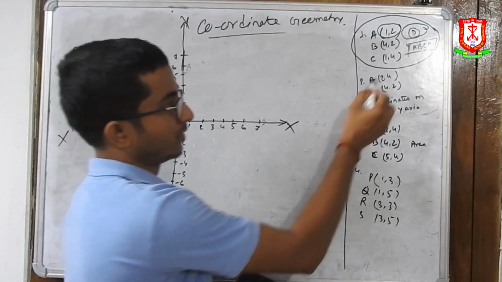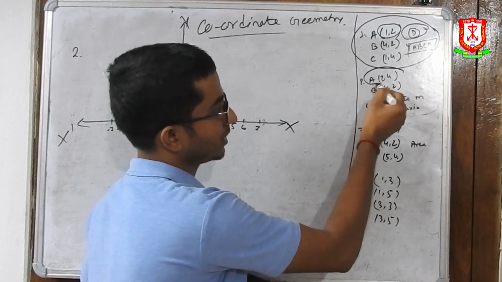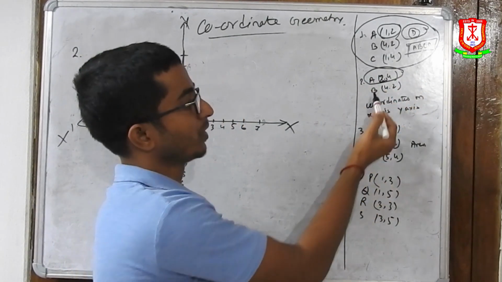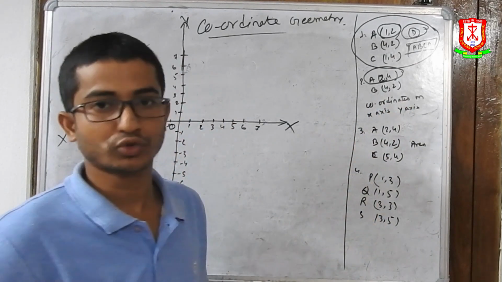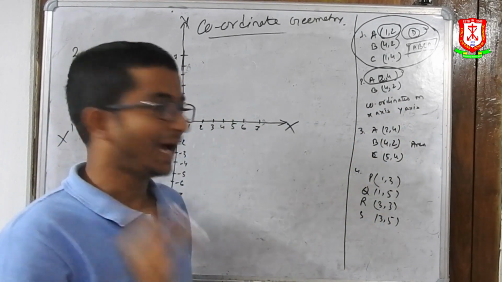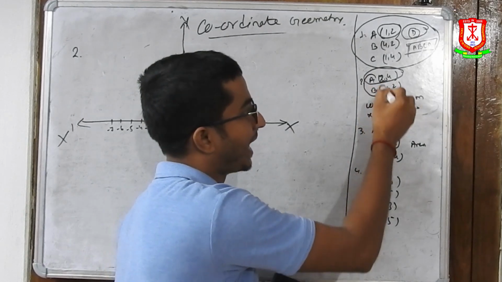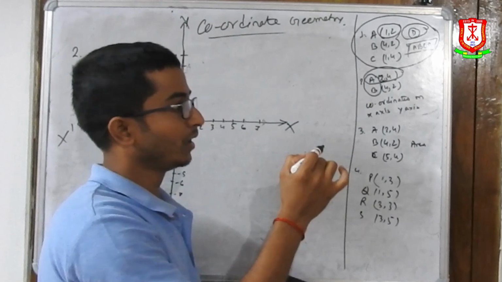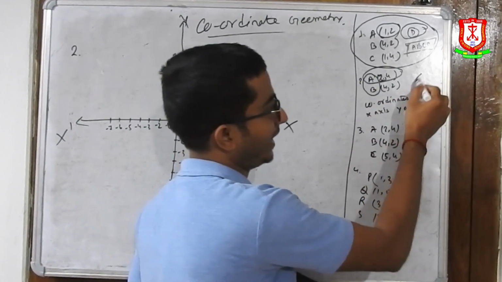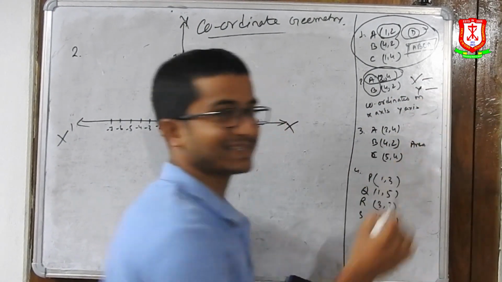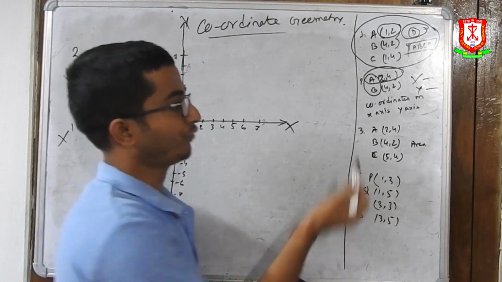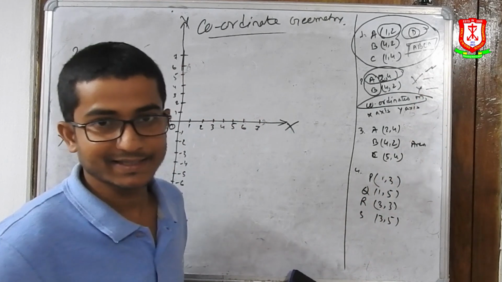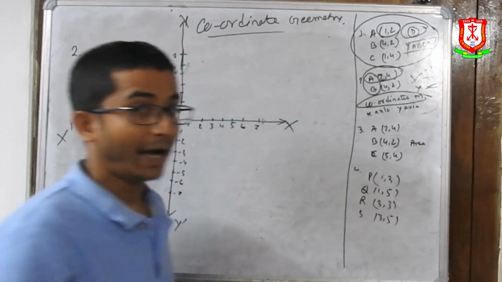Another example: given point A has a coordinate (2, 4), point B has a coordinate (4, 2). We have to draw a line passing through A and B, which cuts the x-axis and y-axis at certain points, and we have to find the coordinates of the points where it cuts the x-axis and the y-axis.